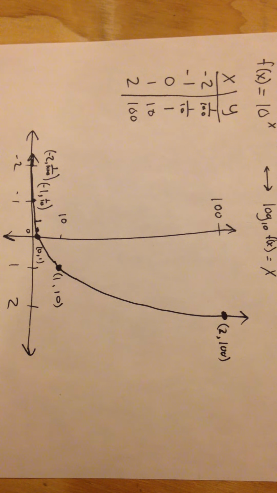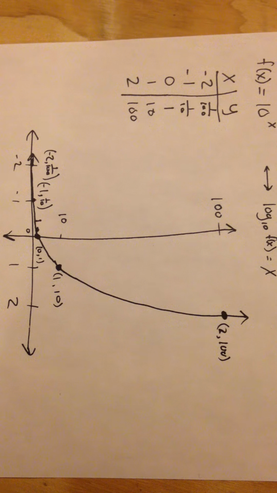And the domain and range, if you don't know, are the restrictions for the x and y values. So the domain for this graph is all real numbers, because the values can go on infinitely in the positive and negative direction. So all real numbers could be x values, but this is not the same for the range.